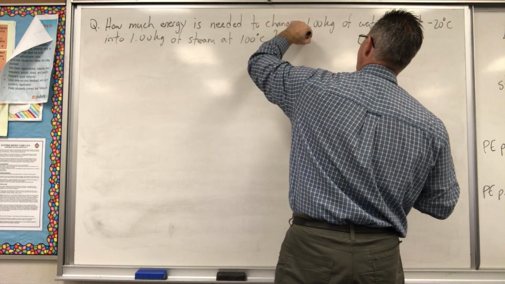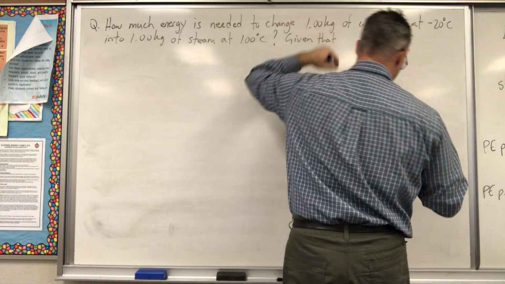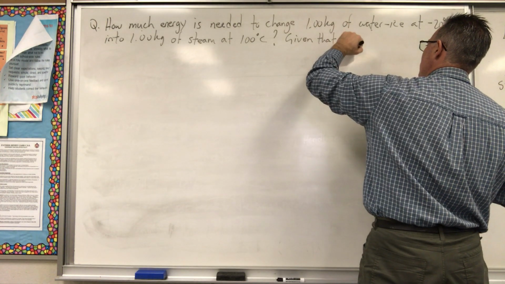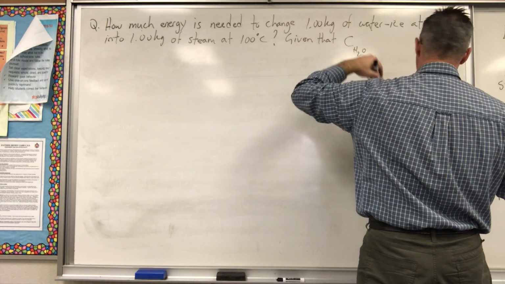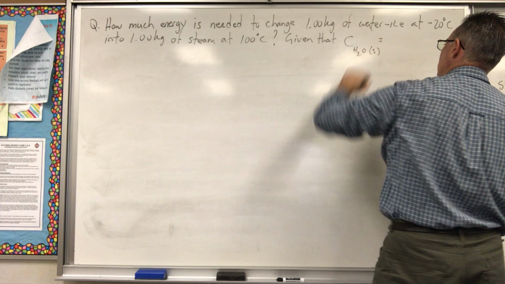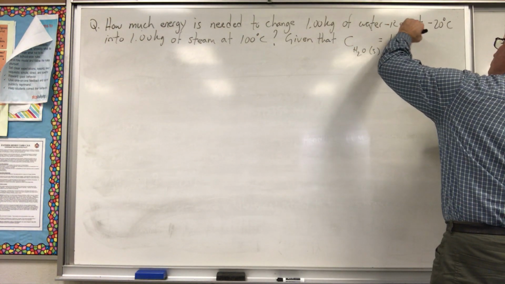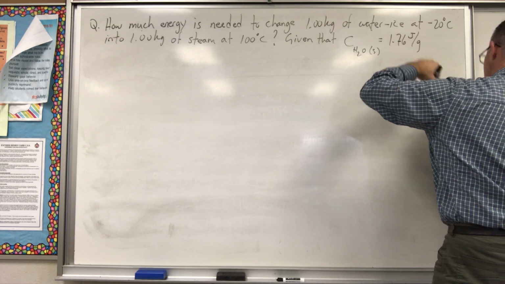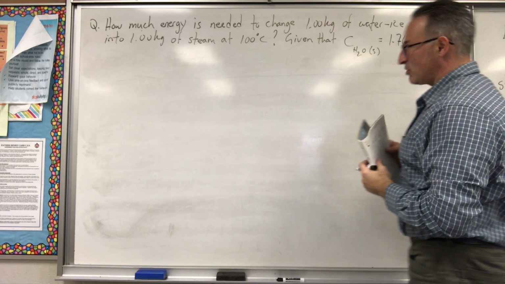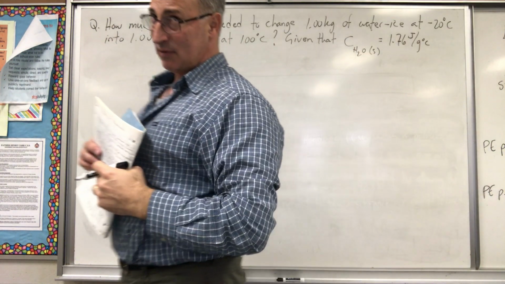Given that the specific heat of solid water, meaning ice, is 1.76 joules per gram degree Celsius. So it takes 1.76 joules of energy to warm up a block of ice by 1 degree.